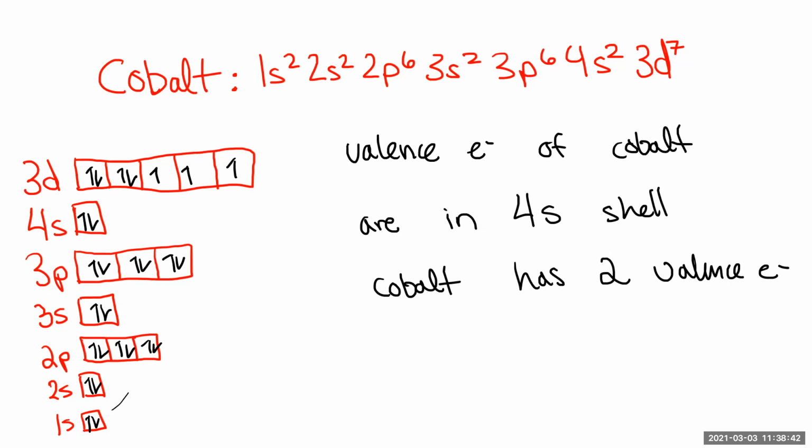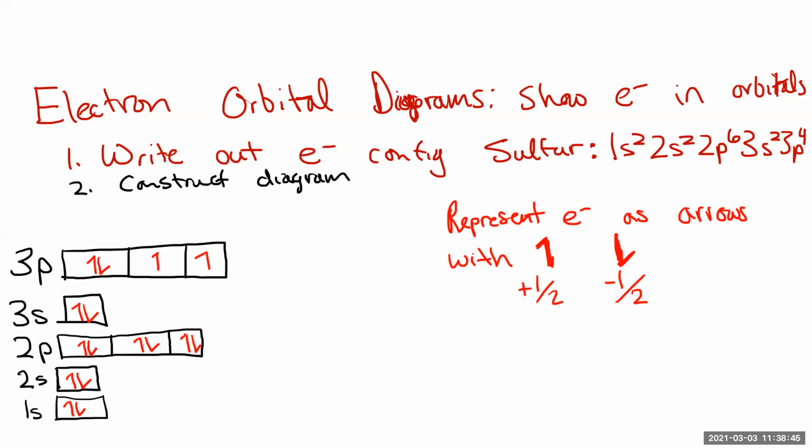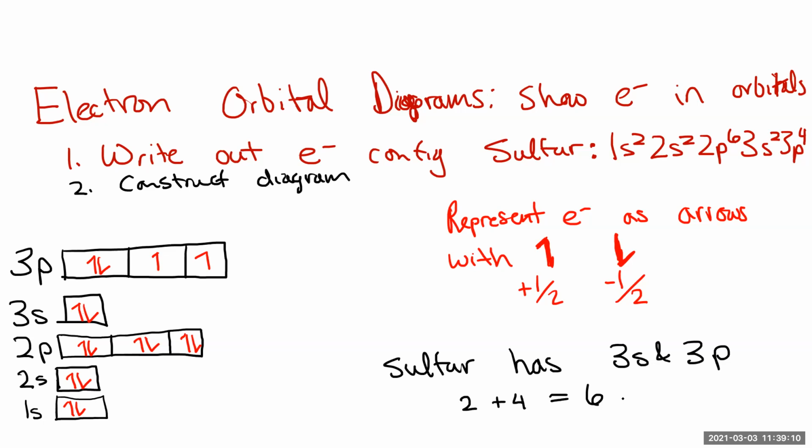If you were to look at, let's see, back here with sulfur, sulfur has, as you can see, 3s and 3p as the highest subshells of S and P. So we look at the electrons. You've got 2 in the S subshell plus the 4 in the P subshell, giving us 6 valence electrons on sulfur.